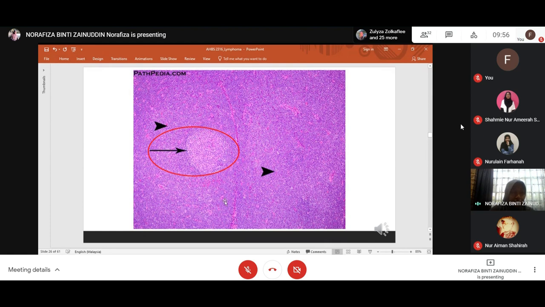Right. So actually, you can see that this is very homogeneous. It's not easy to tell unless you can clearly see this germinal center here. Okay?